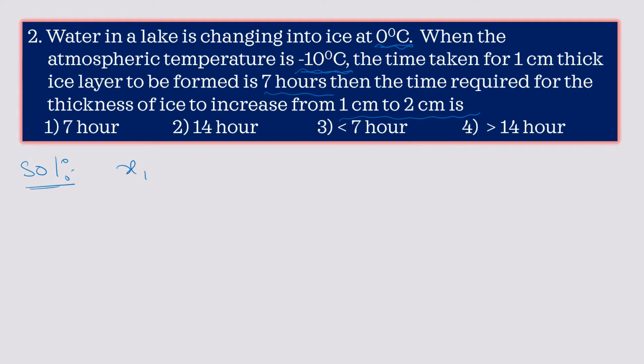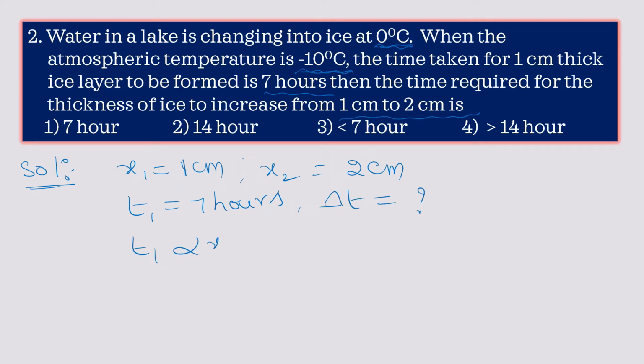Given x1 is equal to 1 centimeter and x2 is equal to 2 centimeters and t1 is given as 7 hours, we have to calculate delta t. T1 is directly proportional to x1 square and delta t is directly proportional to x2 square minus x1 square.